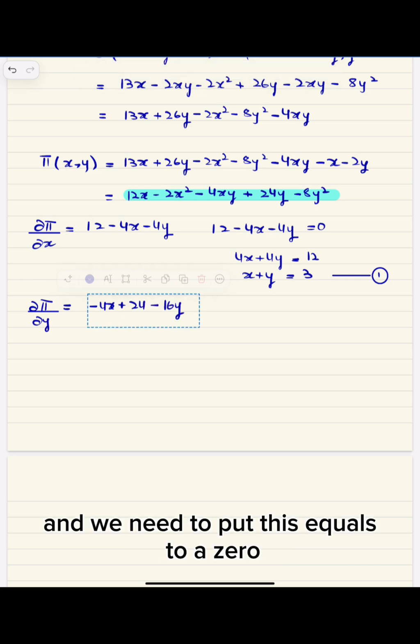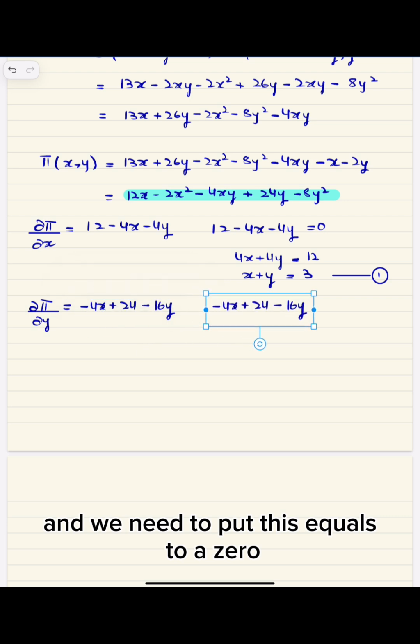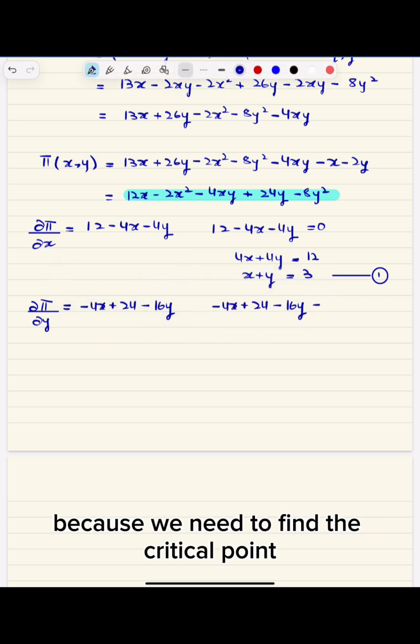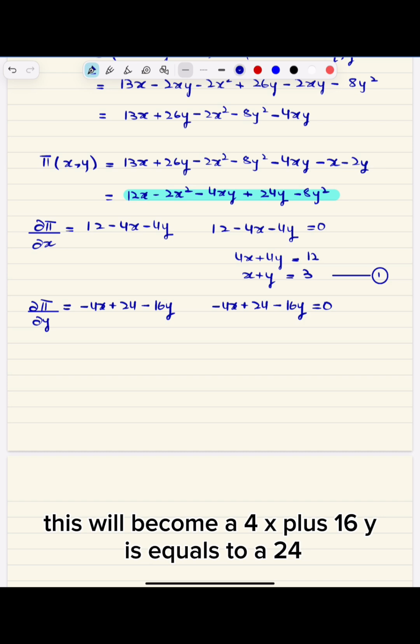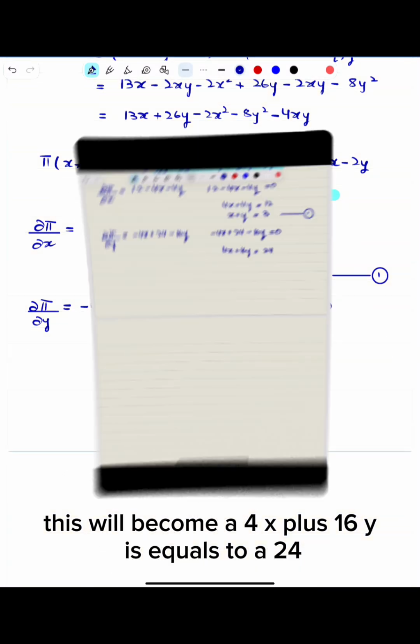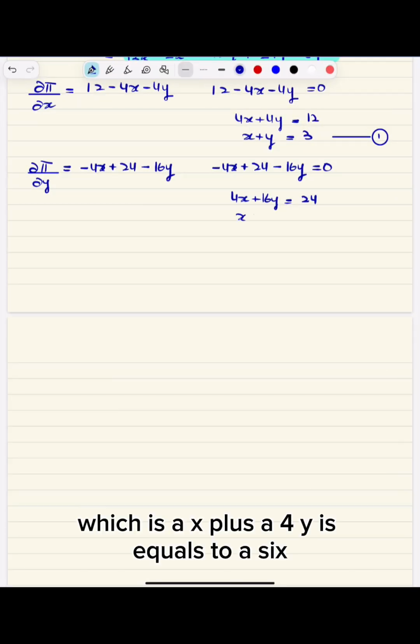And we need to put this equal to 0 because we need to find the critical point. And this will become 4x plus 16y is equal to 24, which is x plus 4y is equal to 6.